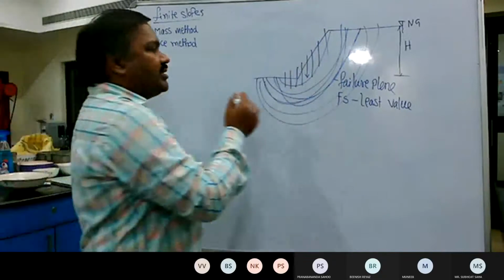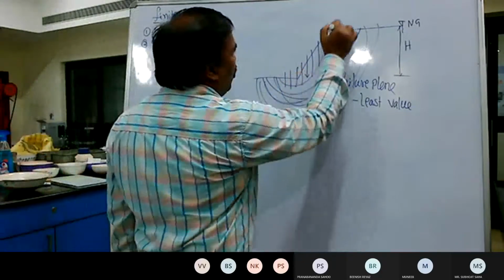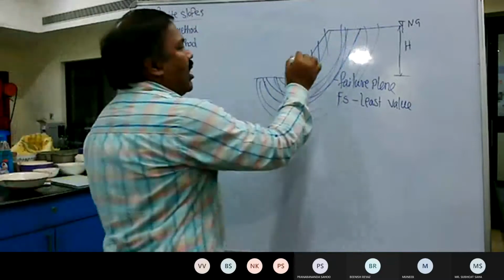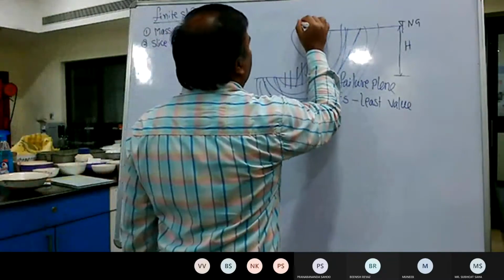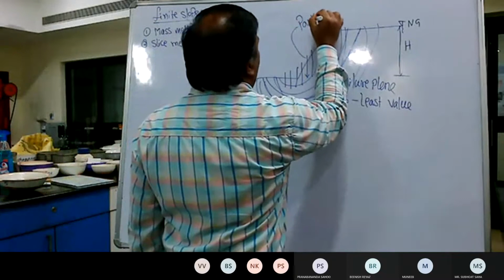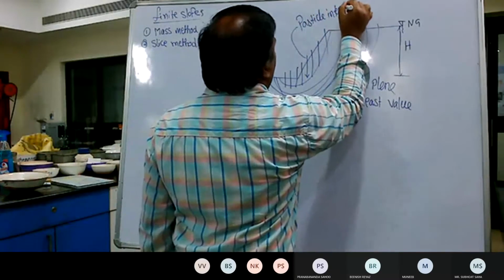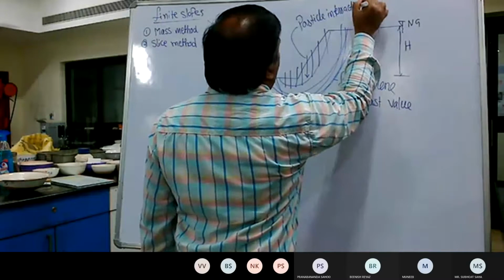Why? When I consider the whole area as a single mass, I'm grossly ignoring the particle interaction. How can I say that?